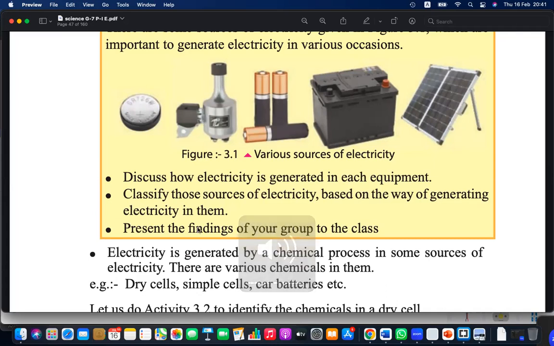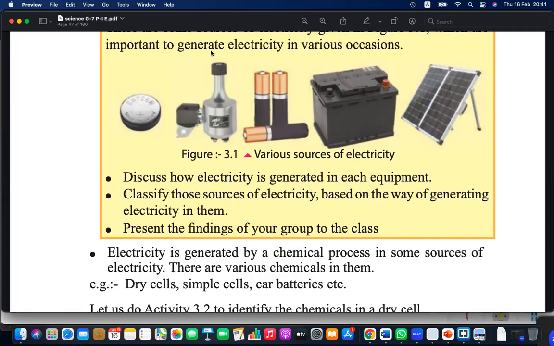Wind can be turned into electricity. Solar power can be turned into electricity. Then energy in the water can be converted into electricity. And chemical reactions can be converted into electricity. We have learned about that in the last week.